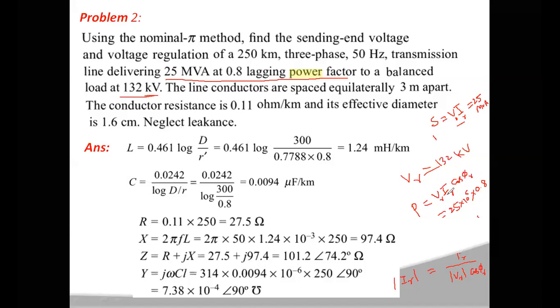If they are phase voltages, then you have to consider 3 times of this.